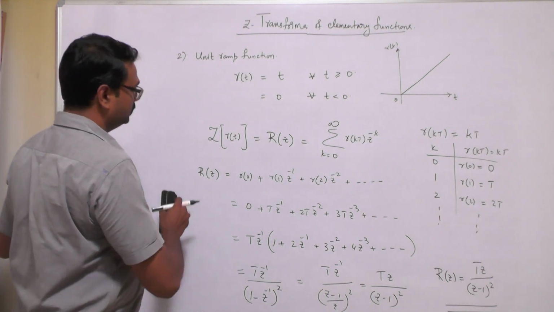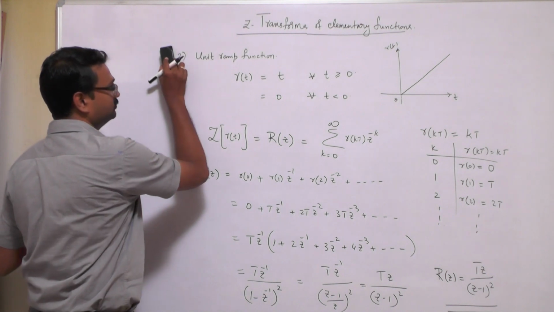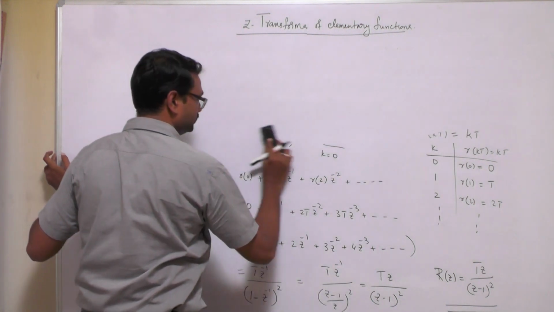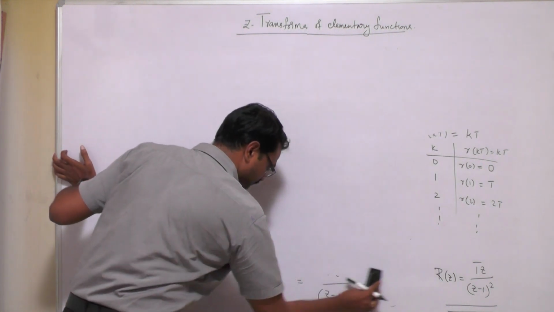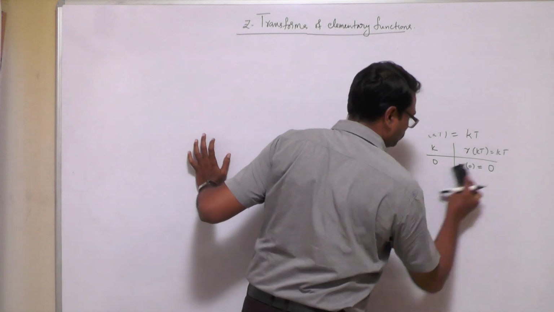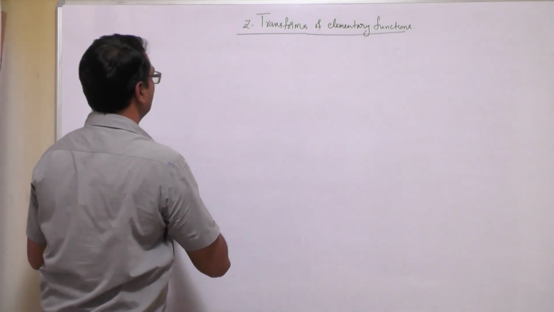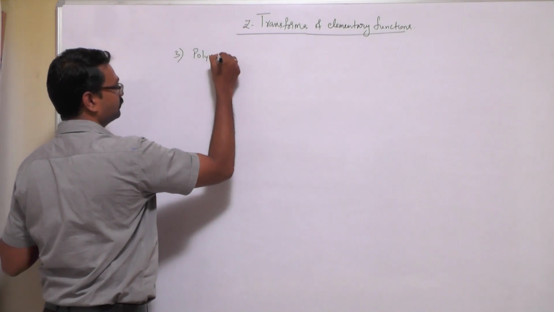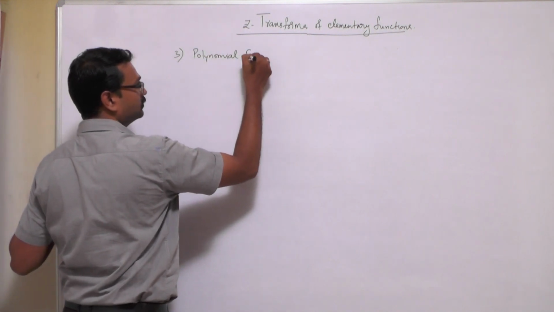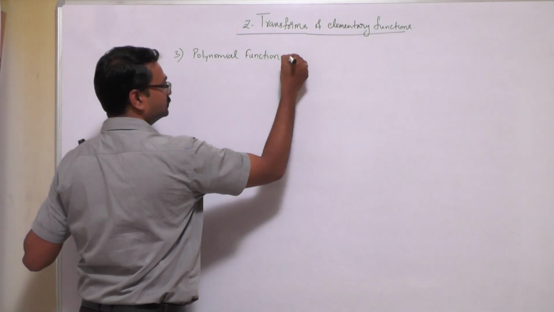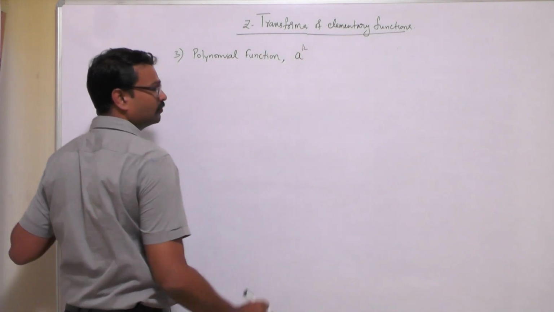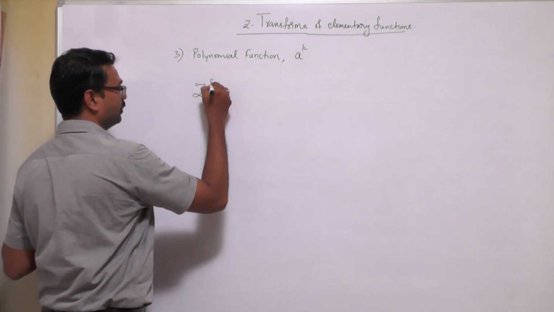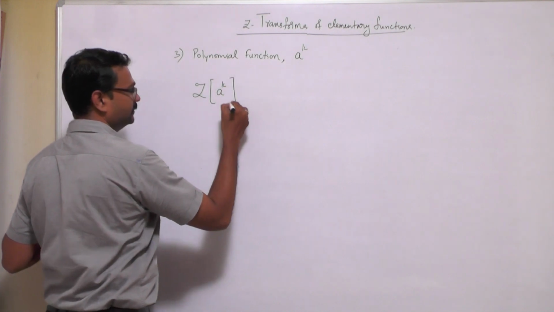Now we'll have a look at the third function, the polynomial function, a power k. What is the z transform of a power k?